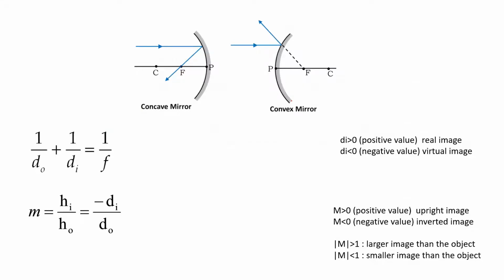That means figuring out the location of the image, the characteristics of the image, whether it's inverted, upright, virtual, those things, using equations. Okay, so the sign convention. Sign convention means how we are going to use signs. That means plus or minus when we are going to use these equations.